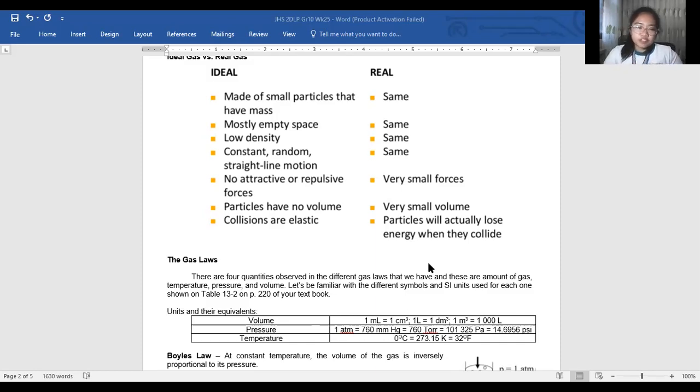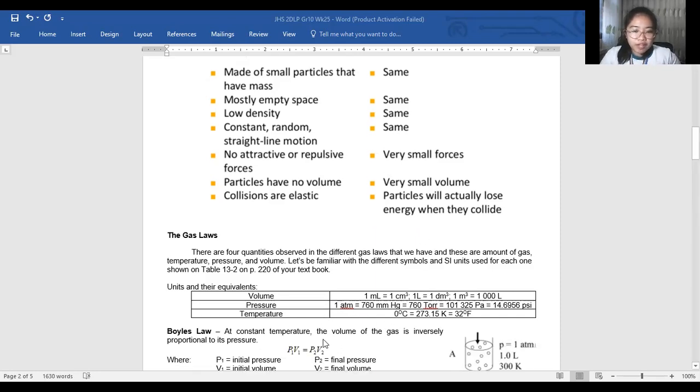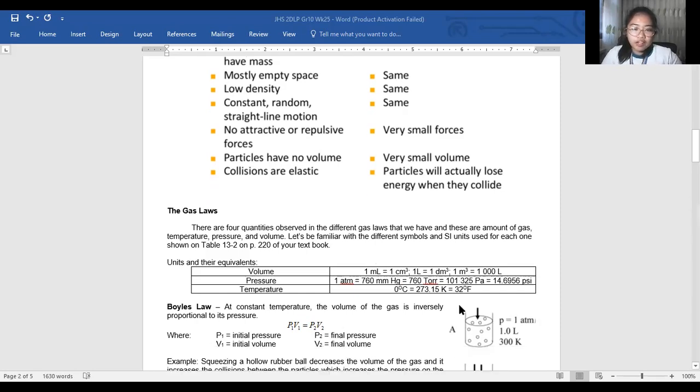Okay. Punta na tayo sa first gas law, which is Boyle's law. So, at constant temperature, the volume of the gas is inversely proportional to its pressure. So, ito yung kanyang formula. P1 V1 equals P2 V2. Yung 1, yun yung mga initial conditions. Yung 2, yung final conditions natin.